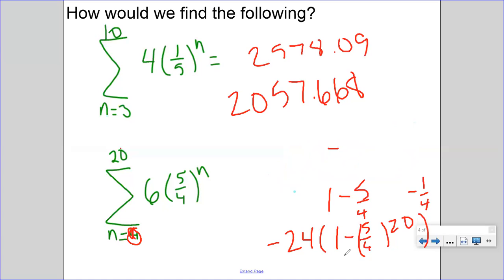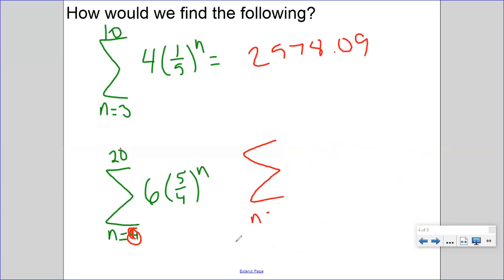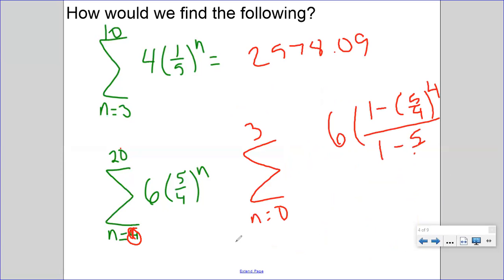Here, we'll do it your way. We'll do your 21. Then we need to subtract what we're left with. So now we need to subtract from 0 to 3. So that would be 6 times 1 minus 5/4 to the 3rd. No, to the 4th, my bad. Over 1 minus 5/4, or essentially negative 24 times 1 minus 5/4 to the 4th.